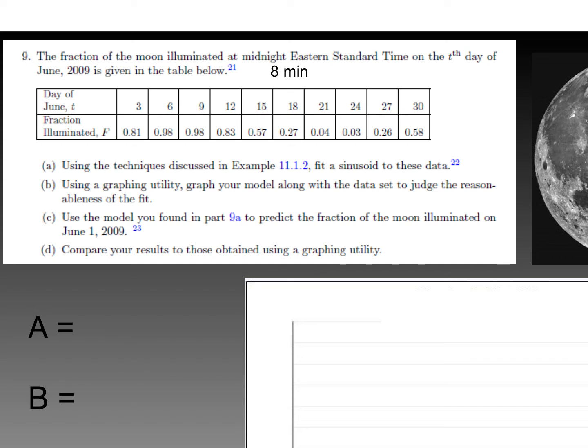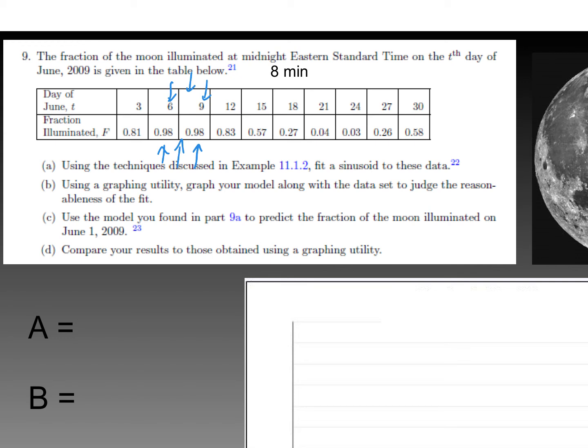But if on the 6th it was 98% and on the 9th it was 98%, do you get that probably in between those two is when it actually hit 100%? You see what I'm saying? Somewhere between the 6th and the 9th is probably where it hit 100%.